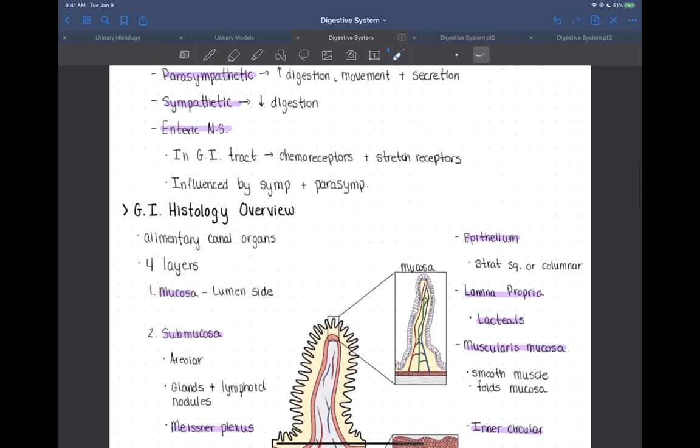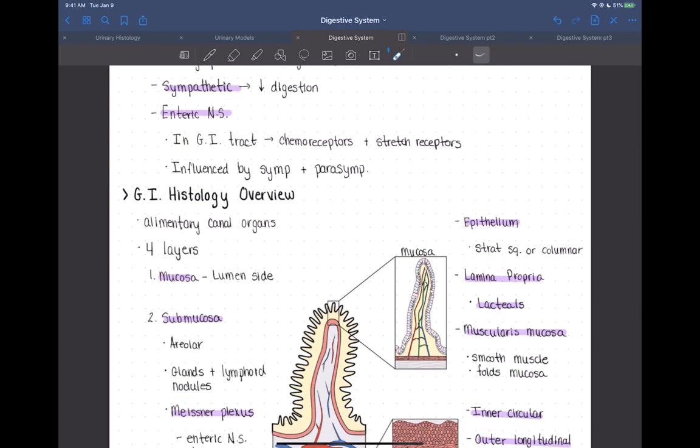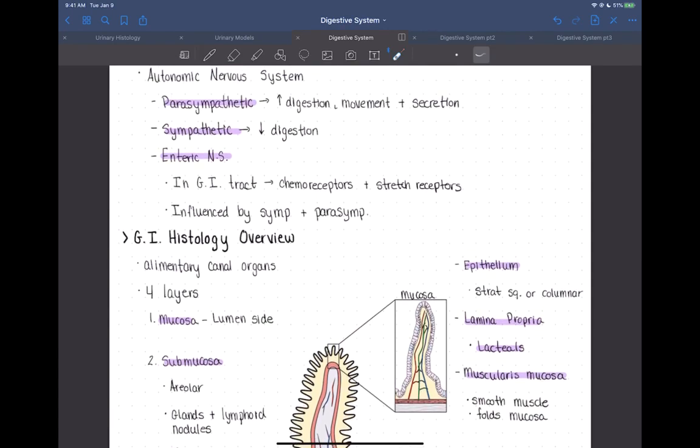All right, so then there's also an additional branch. Depending on where you look, it's included as part of the autonomic nervous system, but sometimes it's given its own totally separate category, though they do work together. That's the enteric nervous system. This is actually a network of the nervous system that is in the GI tract itself.